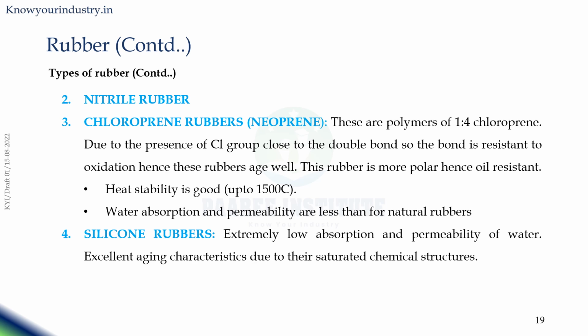Hence these stoppers age well and are stable. Water absorption and permeability are less than for natural stoppers. Of course, silicone rubbers have extremely low absorption and permeability of water, and excellent aging characteristics due to their saturated chemical structures.